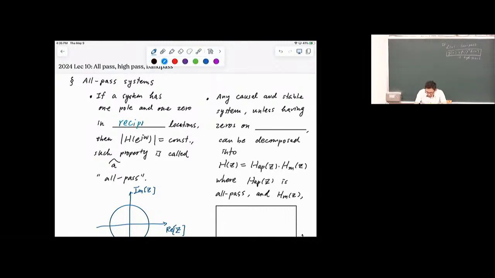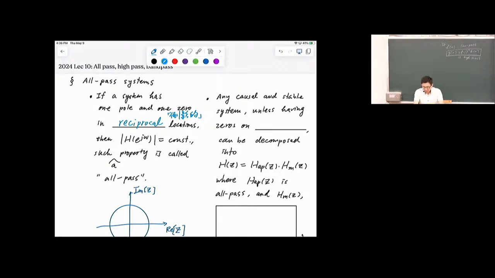Reciprocal. It's kind of an image location. We'll explain what it means for two locations to be reciprocal.